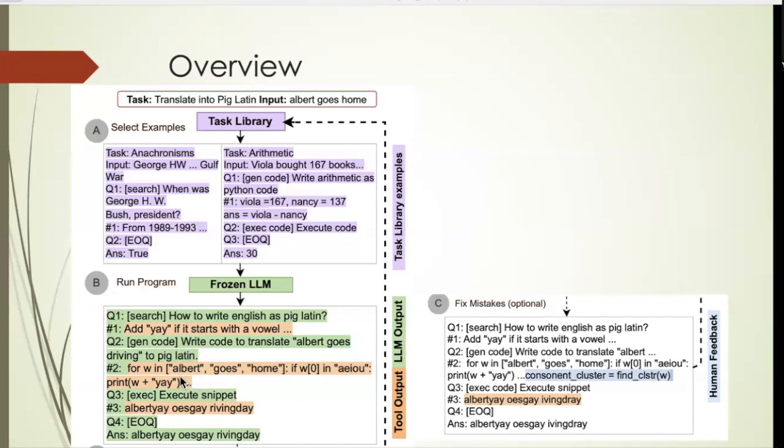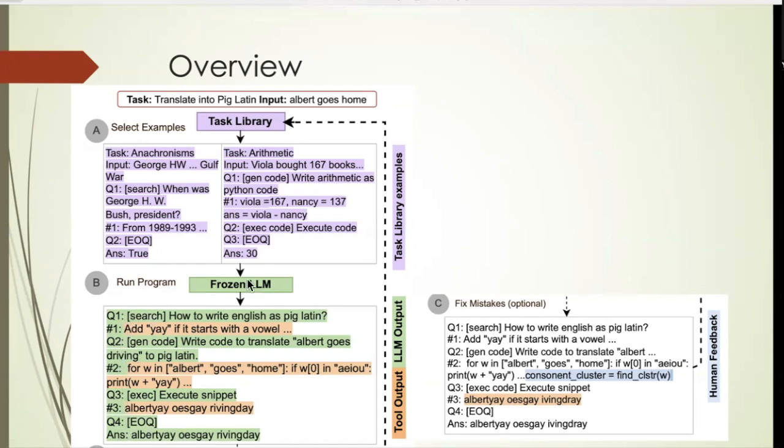So basically it will write Python code to do this. And then the third step is to execute the Python code, and it will actually execute the code and get a response. And then the last step is basically a dummy end of the question, and then they respond with the final answer to the task. So this is the template they use.